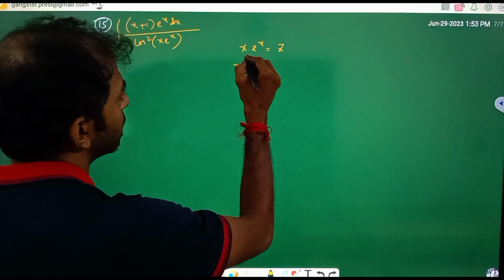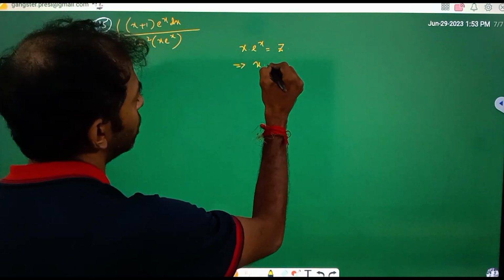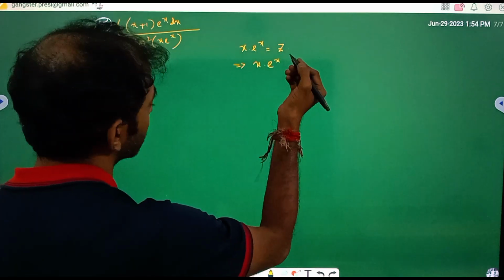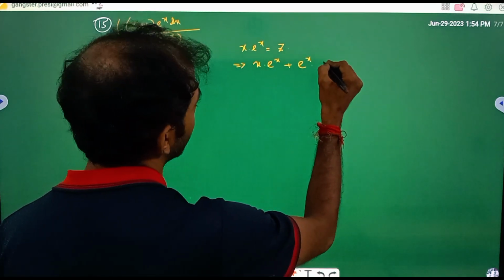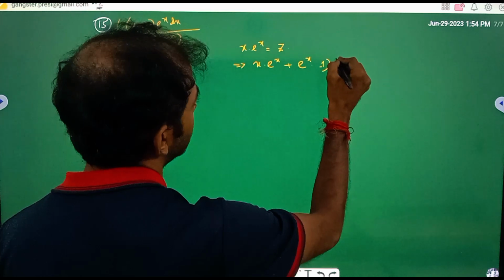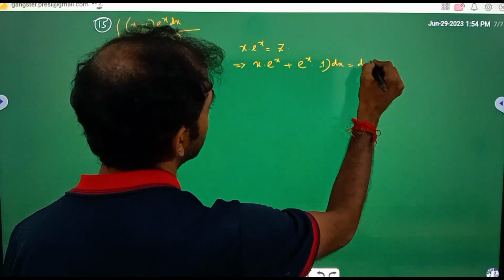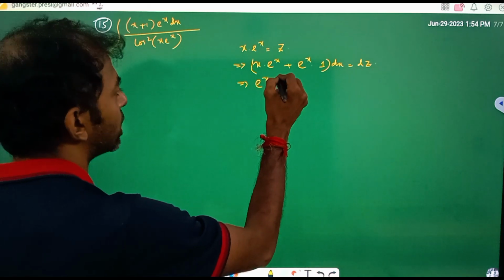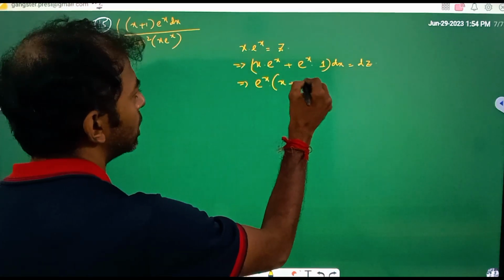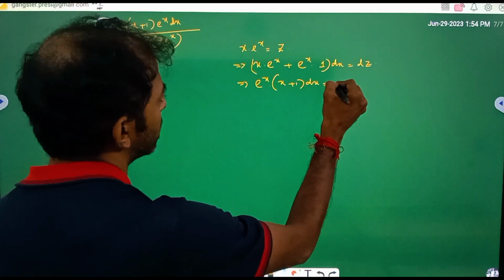Now after differentiating, we'll get x into e power x. Differentiation of e power x will be e power x, plus e power x into differentiation of x, which will be 1, total into dx, and that's going to be dz. Okay, now taking e power x common, we will get e power x (x plus 1) dx equals dz.